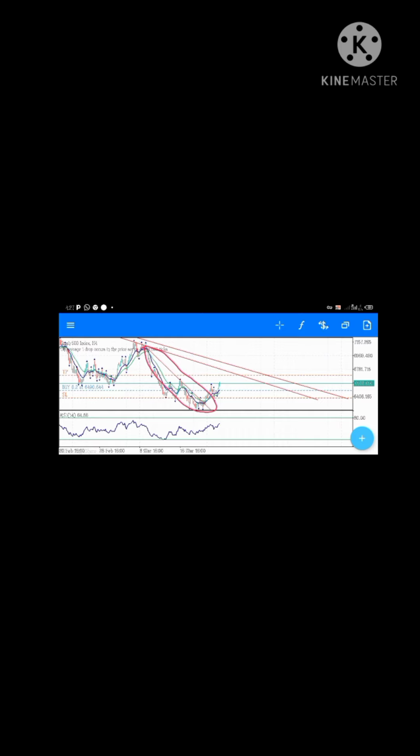Then you ask yourself, what has the market done in this new uptrend, and what is it doing? This current trend has made one impulsive movement and one retracement movement, and it is now making another impulsive movement.